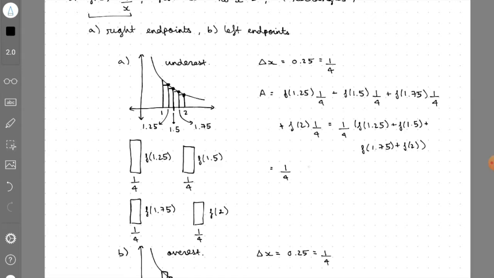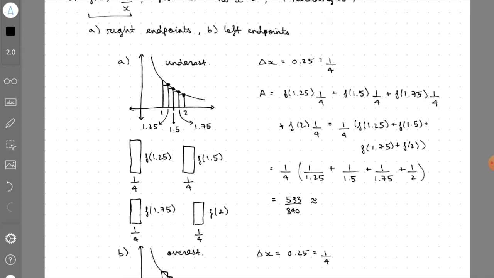So that's going to be 1 over 1.25 plus 1 over 1.5 plus 1 over 1.75 plus 1 over 2. And if we put this into our calculator, we're going to get 533 over 840.